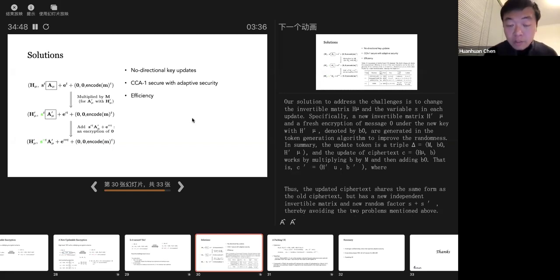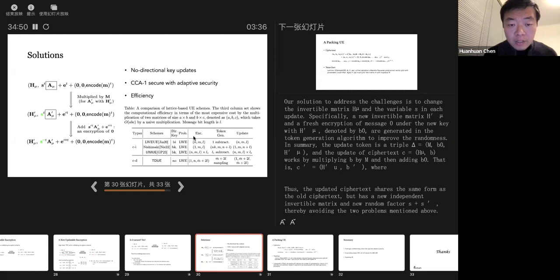For efficiency comparison, the most expensive part in the LWE encryption comes from the multiplication of two matrices of size A times B and B times C. We use ABC to represent the complexity involved in the multiplication of two matrices.